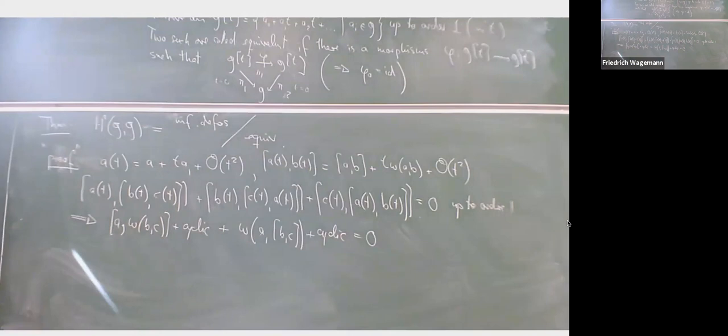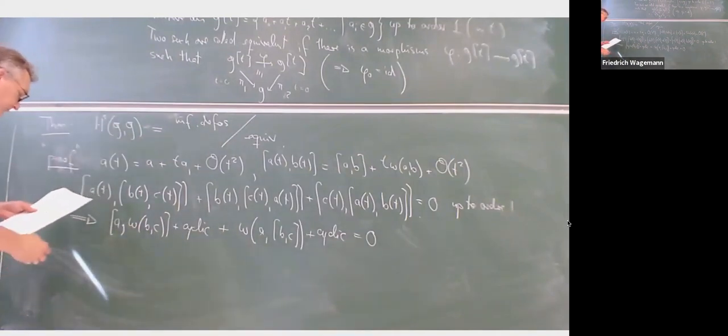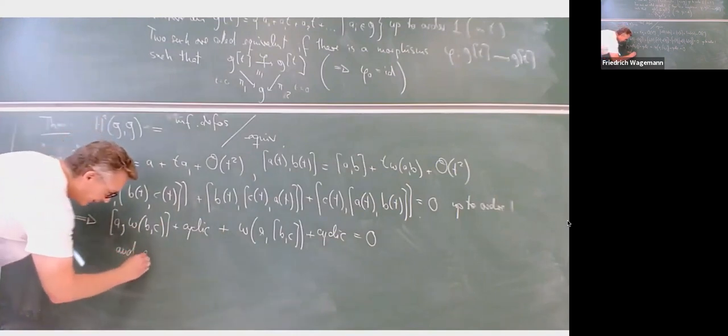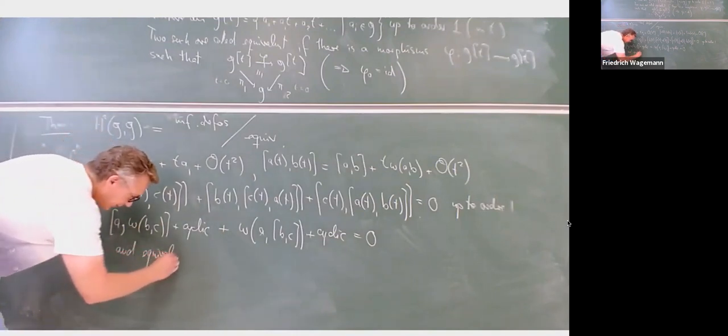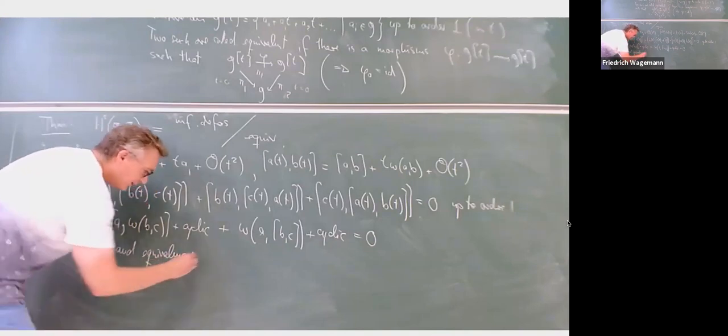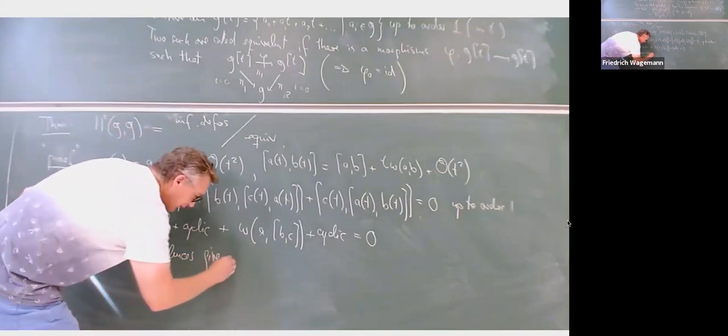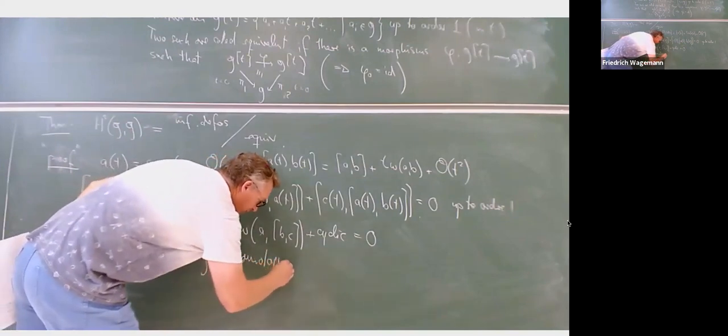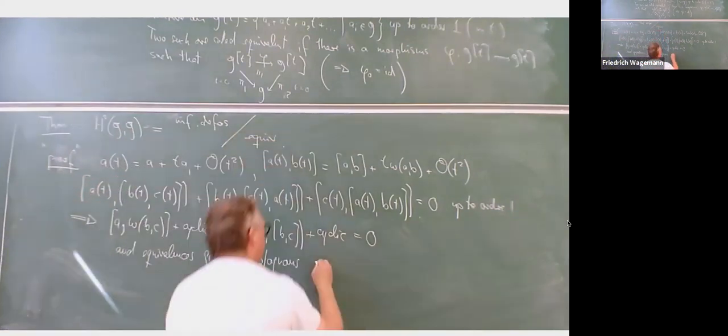This is one way to express the cocycle identity. And equivalences give coboundaries, that is, equivalences give cohomologous deformations.